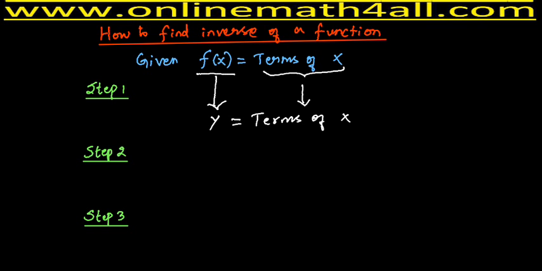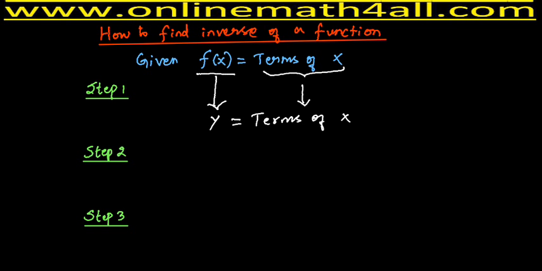Now when we see the result of step 1, it's very clear. The function has been defined by y in terms of x. In step 2, what we have to do is redefine the same function by x in terms of y. Students, please listen to me carefully. In step 1, the result is the function defined by y in terms of x. From this result, in step 2 I am going to redefine the same function by x in terms of y.